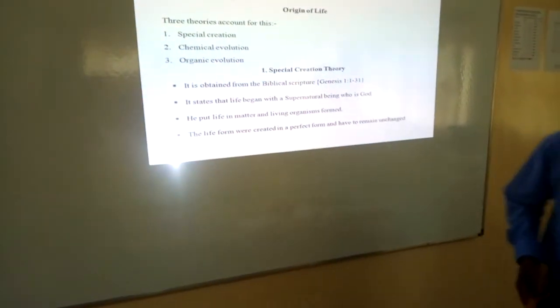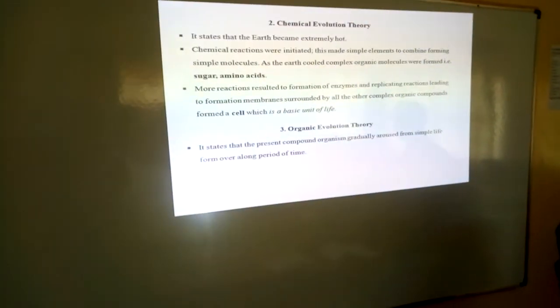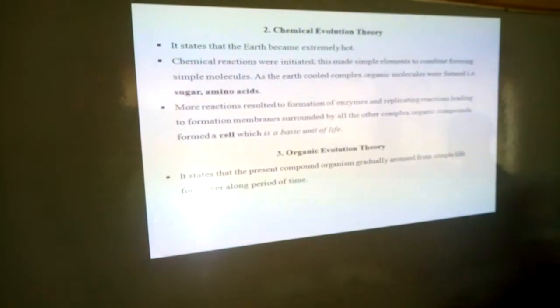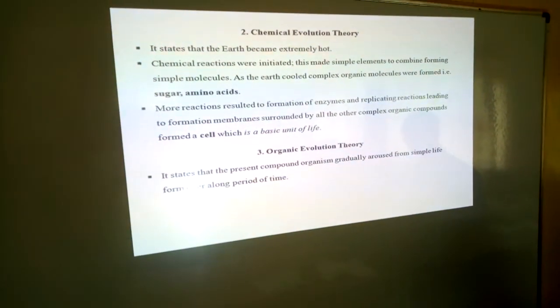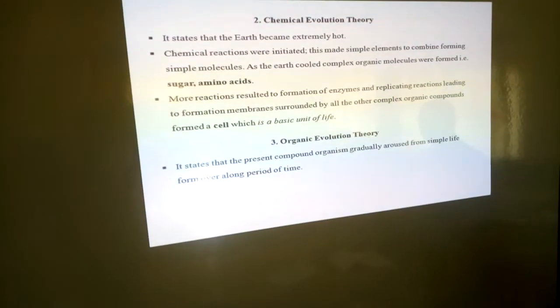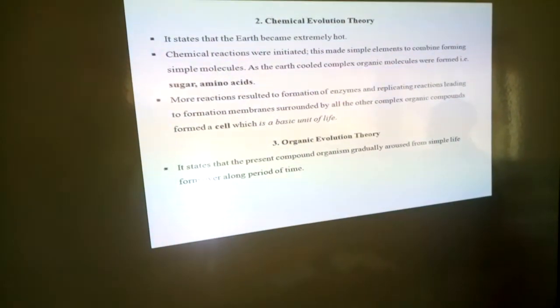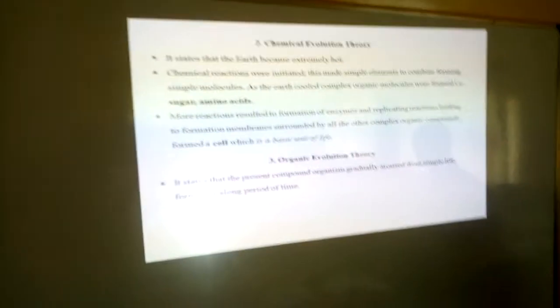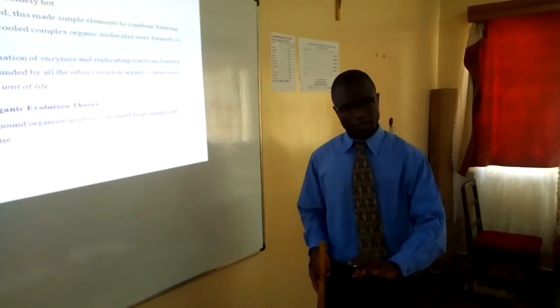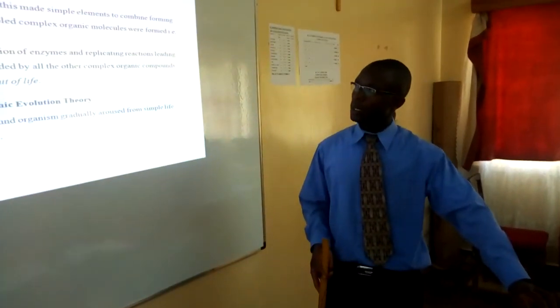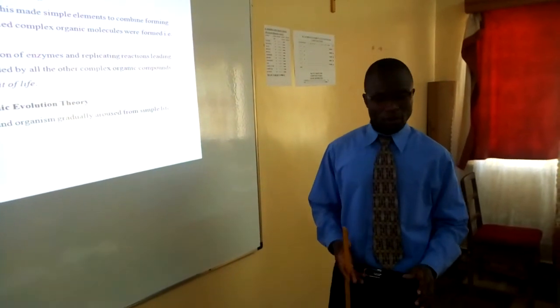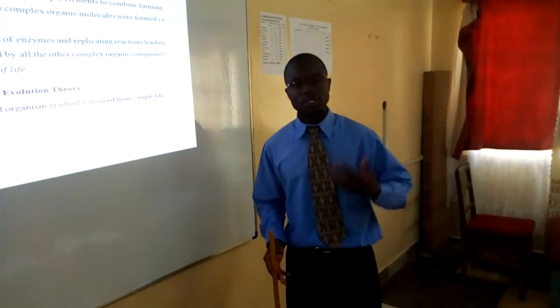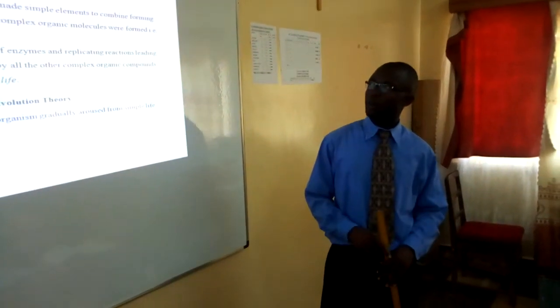Chemical evolution theory. It is a theory based on chemical reaction. It states that the earth was extremely hot, which initiated chemical reactions. The chemical reactions led to formation of simple elements that combine, forming simple molecules. In chemistry we have elements, we have molecules. These simple molecules on the earth, as it later cooled down, formed organic molecules.